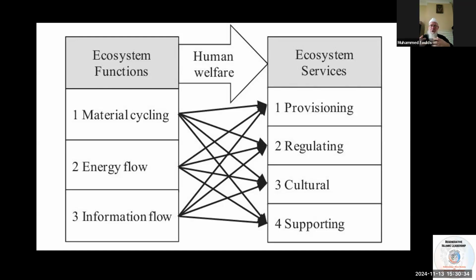How does an Islamic state operate for all of humanity? It is what we term the maqasid al-sharia, the objectives of the sharia, bringing all of this together. Next slide.